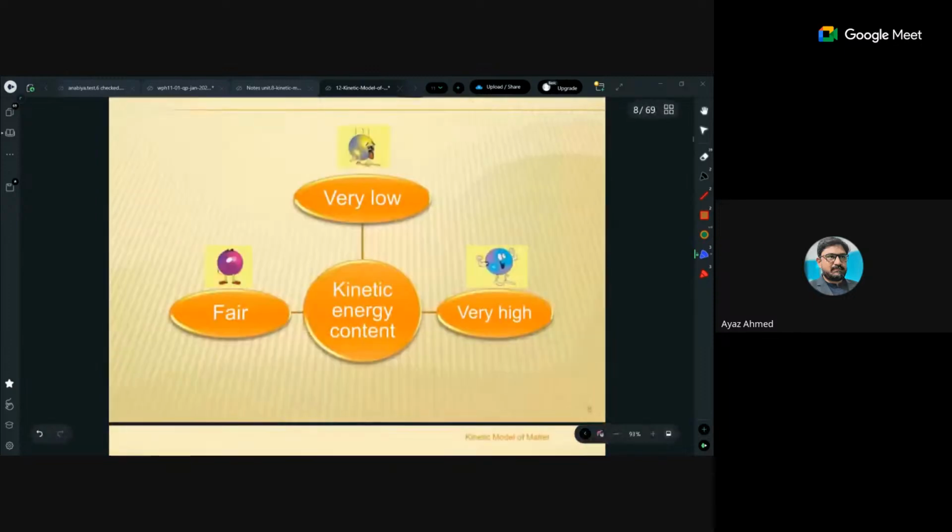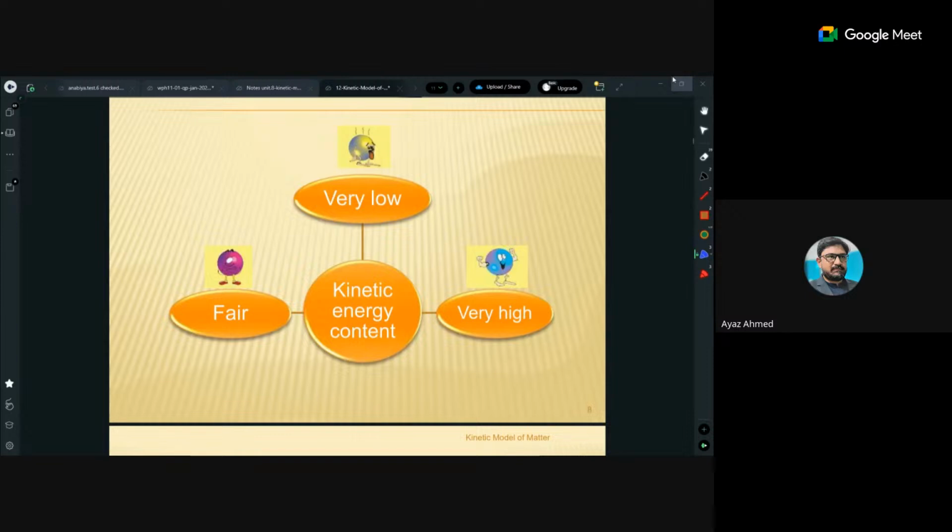The next is that what about their kinetic energy? Actually, it is not potential energy. These two slides will deal with energy, and especially the kinetic energy. So here I say that kinetic energy of the solids, kinetic energy is due to motion, right? If the molecules are not moving, motion means movement, proper movement.